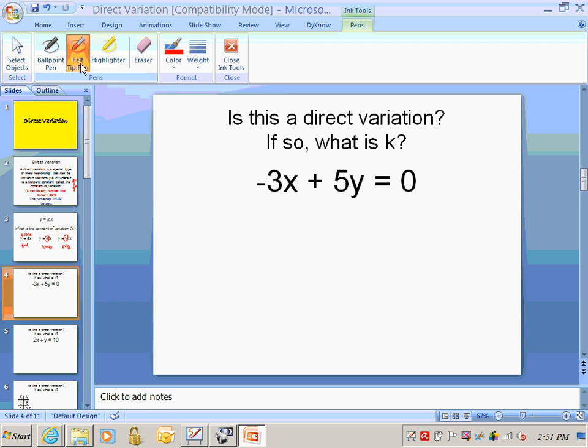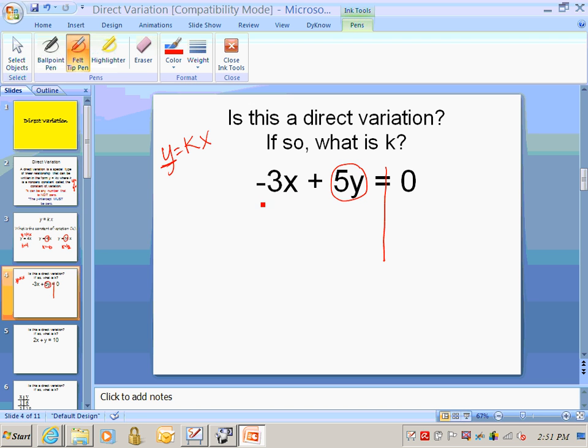On the next problem, it says, is this a direct variation? If so, what is k? Well, if my direct variation equation is y equals k times x, I have to first solve my equation for y, because this says y equals. So to solve for y, I'm going to leave this y term for last, so this x has to go first.